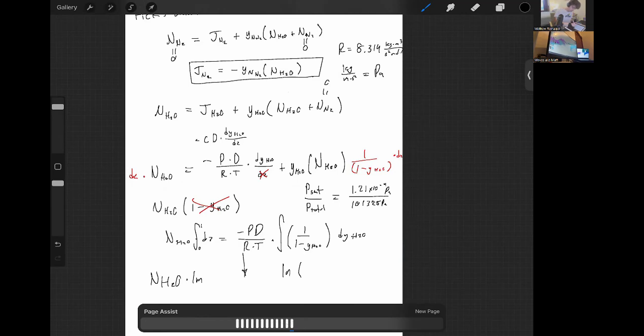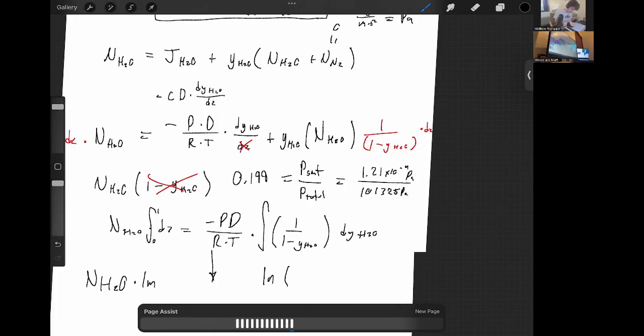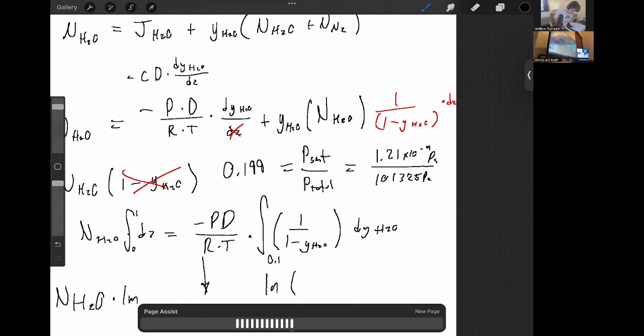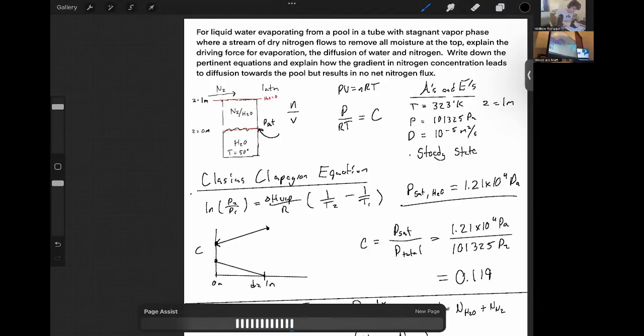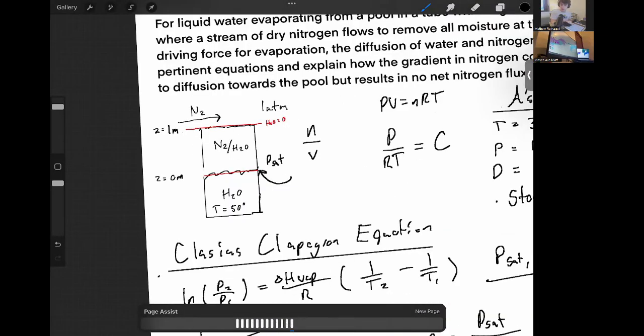If we do this, I did the calculation in advance. It should be something like 0.199. So we have our starting mole fraction is 0.199, and then we end it at 0, because remember we said that once it reaches this point at 1 meter, it's essentially dissipated until it's nothing.